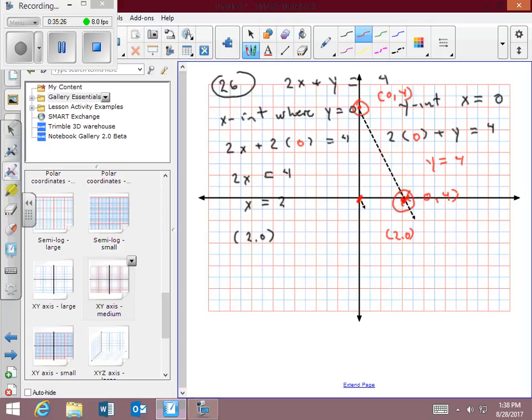And then see whether it lines up with y, just to make sure you did it right. So then you'd have 2 times 1 plus y equals 4. So that'd be 2 plus y equals 4. And then you subtract the 2 from both sides and you'd have 2. So you'd say I have an ordered pair 1, 2. And when I go out here 1 and I go up here 2, now how sure am I that that's the right line? Pretty sure.